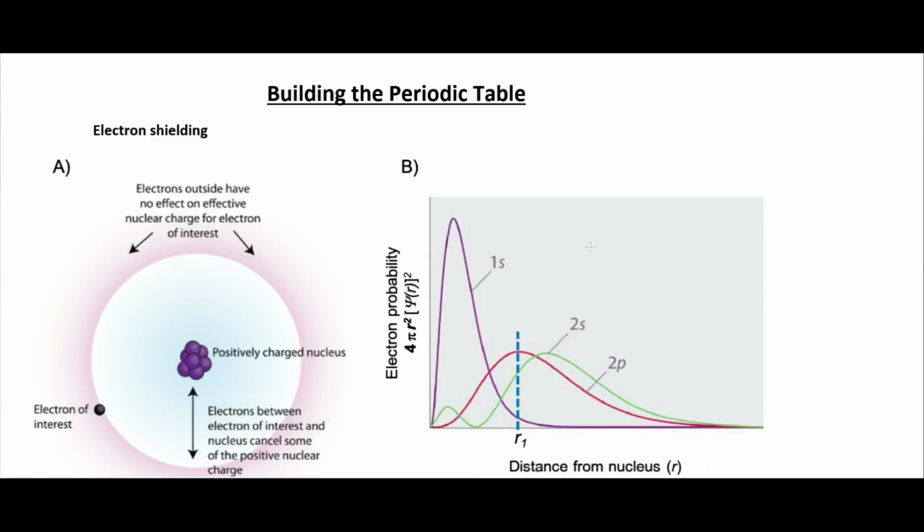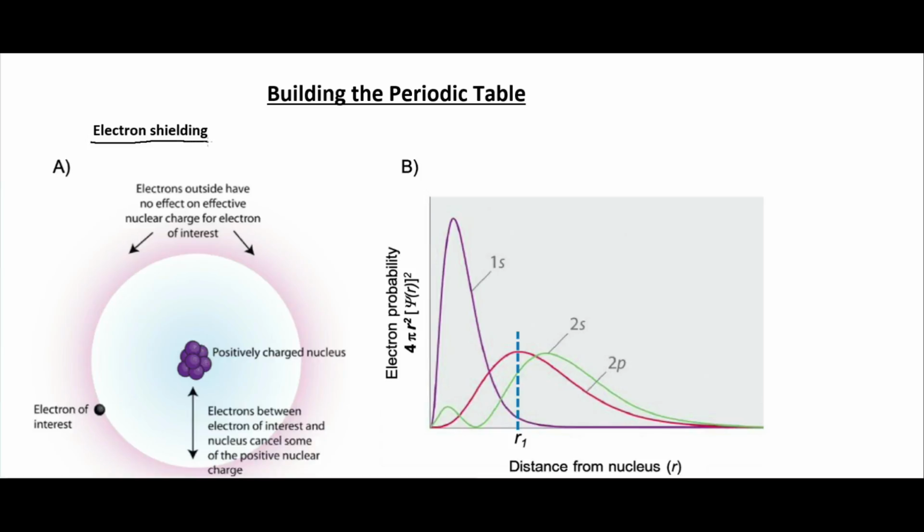In this video, I'm going to talk a bit about how quantum mechanics helps us build the periodic table, or at least how quantum mechanics determines how the periodic table ought to be built. The first thing I'm going to start off with is what's called electron shielding.